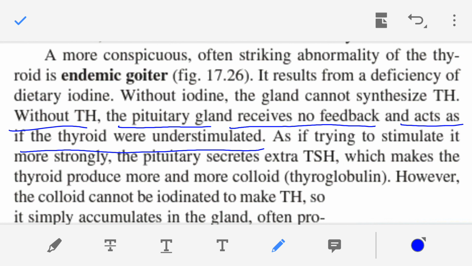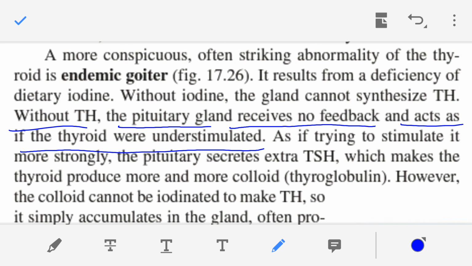So the pituitary gland is not receiving any feedback about how the thyroid gland is working. So now the pituitary gland produces and releases more TSH to stimulate the thyroid. The pituitary gland thinks that the thyroid gland is under stimulated, so to stimulate it, the pituitary gland secretes more and more TSH hormone.